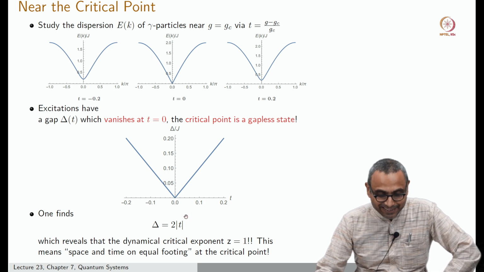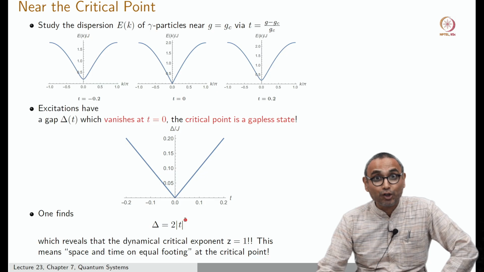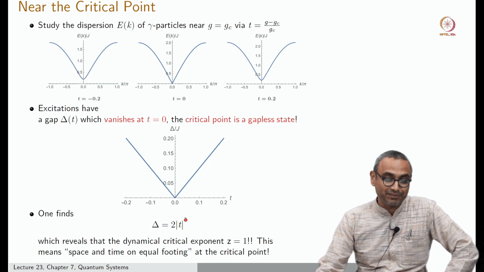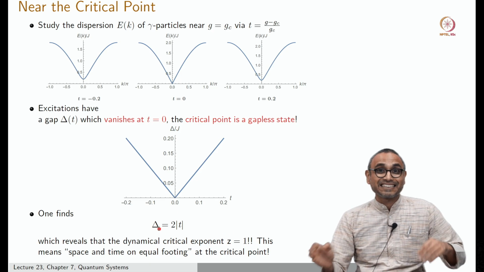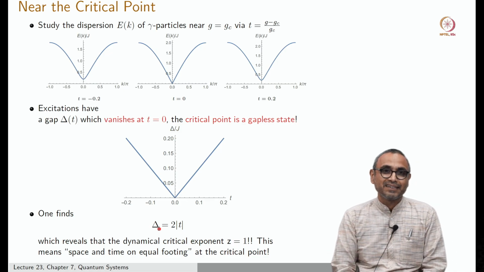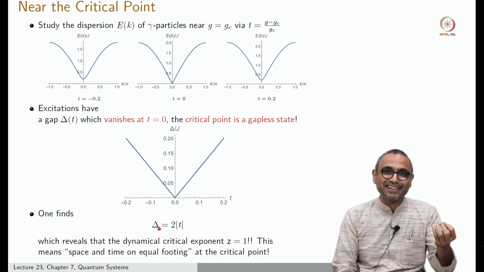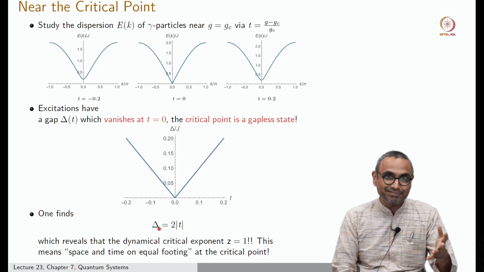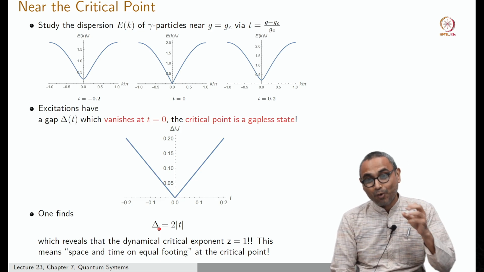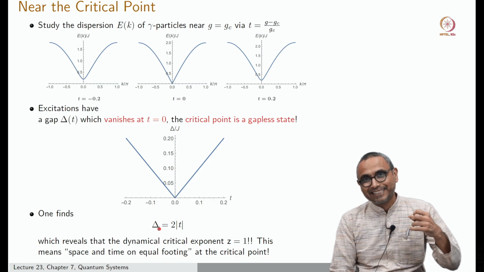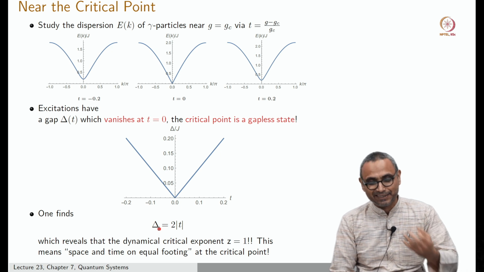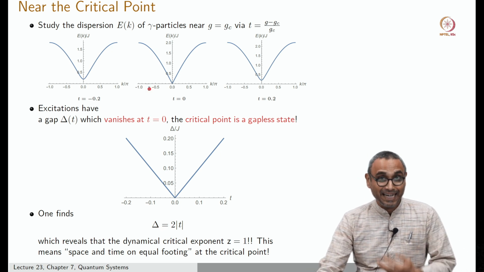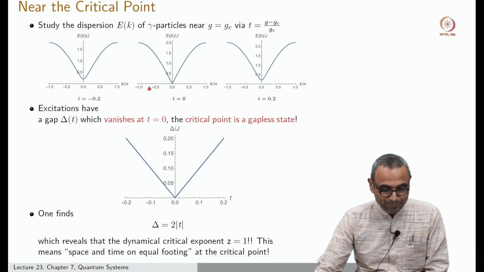That power is called the dynamical critical exponent of this transition, and typically it is called z. So this theory has z equal to 1. Remember, energy is related to inverse time, so what this is telling you is that space and time are on equal footing in this transition. I will have more to say about this in the next slide.